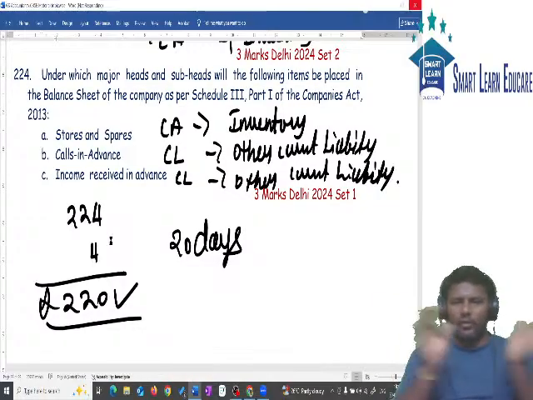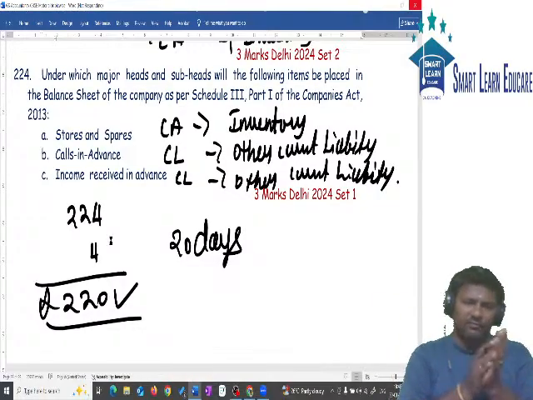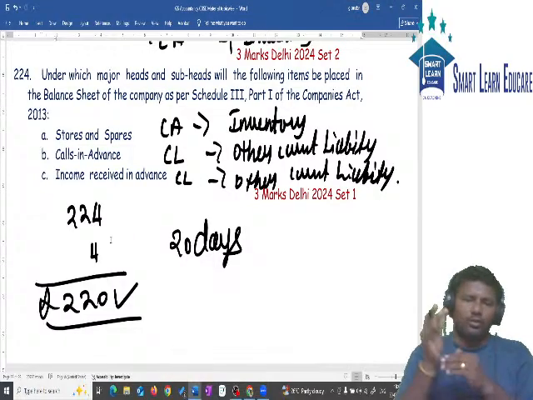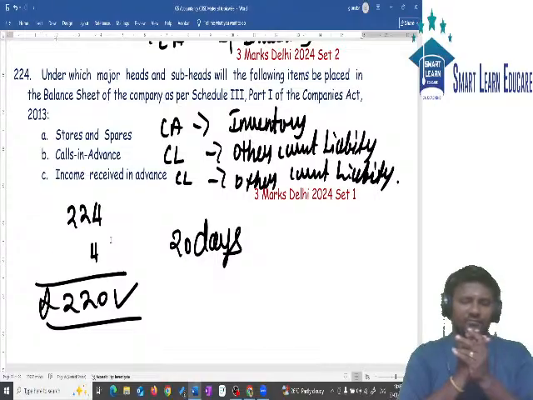Literally 2 exam question papers along with the discussion we have done, the 2024 exam and 2025 exam questions.